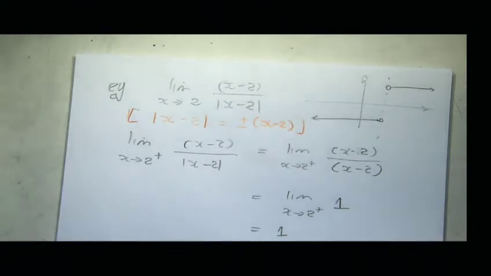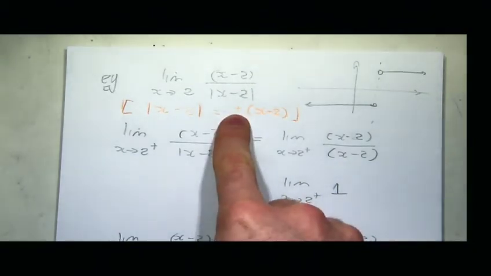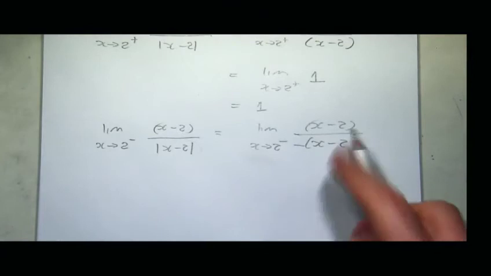The fact that there's two options for what it could be is telling you that you need to split your limit. And when is it plus and when is it minus? Well, it will be the plus if x is above 2, and it will be the minus if x is less than 2, is below 2. So that's why I replace the mod x minus 2 with minus x minus 2.